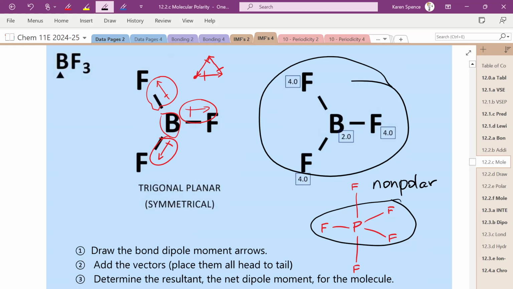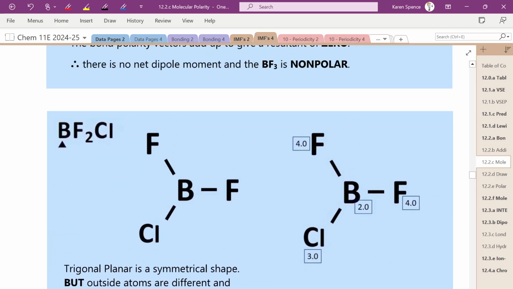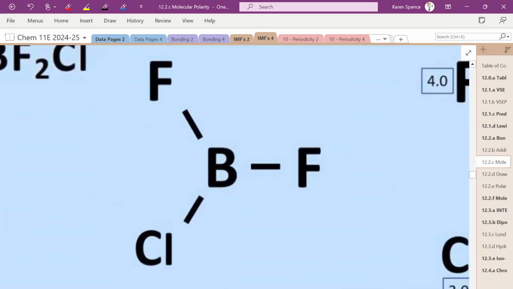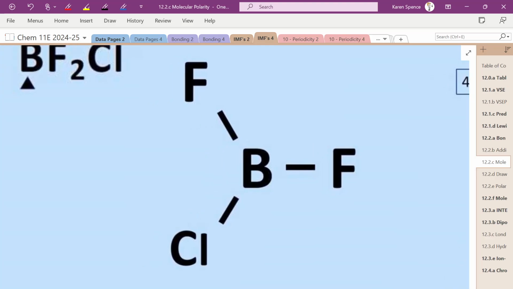Is that good? Okay. Any other exciting ones? Ooh, what would you say, polar or nonpolar, just at a glance? Polar. And if you just had to draw a dipole moment without knowing anything else about it, which way do you think it would point? Straight up? Over to this way, yeah?